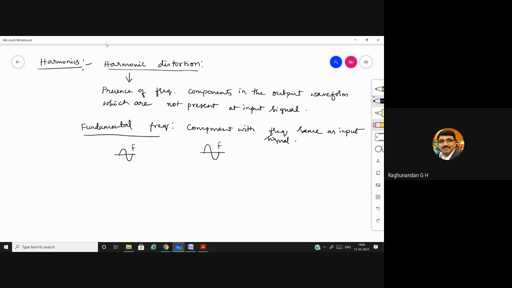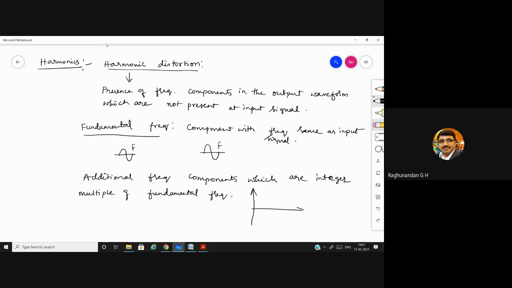Then what do you mean by harmonics? Those are the additional frequency components which are integer multiples of the fundamental frequency.